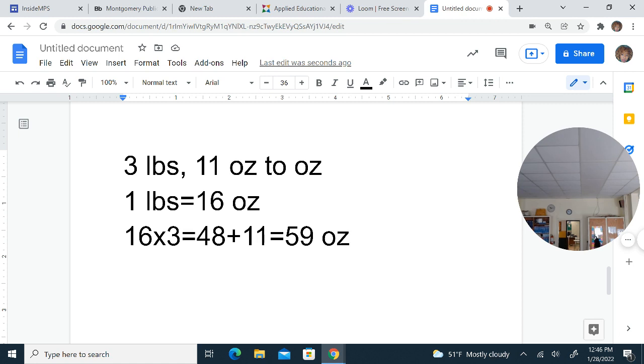Okay, I got one quick question. Where do you get 1 pound? Remember I told y'all to write those down, or you took a picture? I wrote that. So that's like our conversion, what we use to figure it out. So then you're gonna take your 16 ounces for your 1 pound equaling 16 ounces, and you're gonna multiply that by 3.